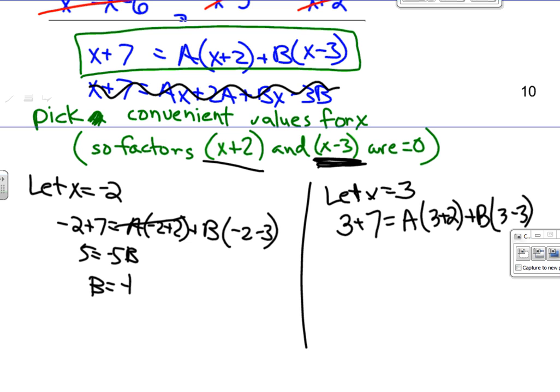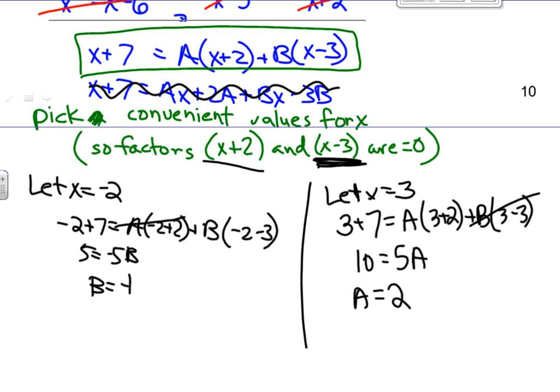What happens to the b one? It cancels out. And 3 plus 7 is 10 equals 3 plus 2 is 5, 5a, and that canceled out. So a is what? 2.